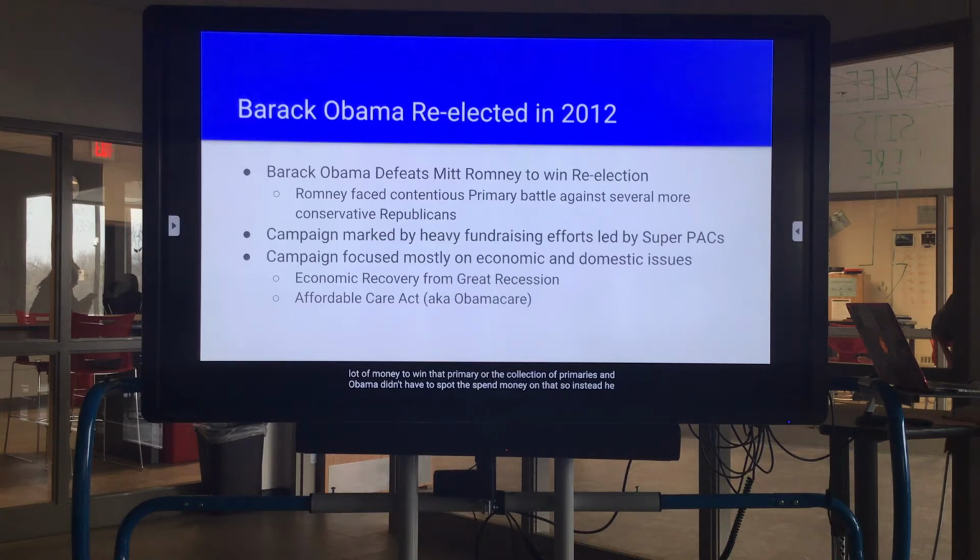So instead, he was able to continue to raise money, but set that aside for when the Republican challenger emerged, so they would have a lot more money to spend during the campaign for the general election. And Obama was very effective in raising money.